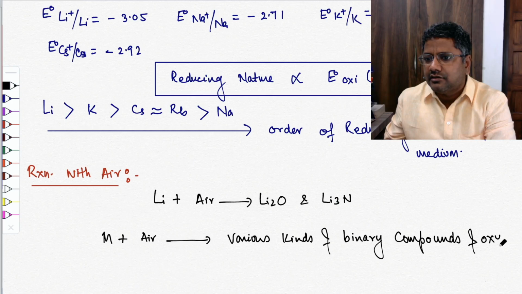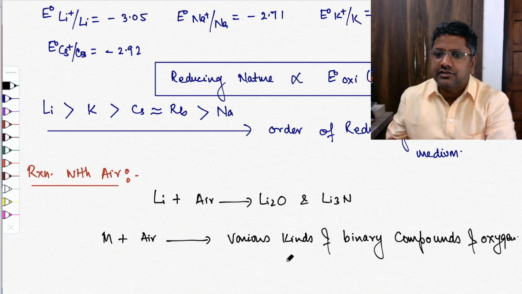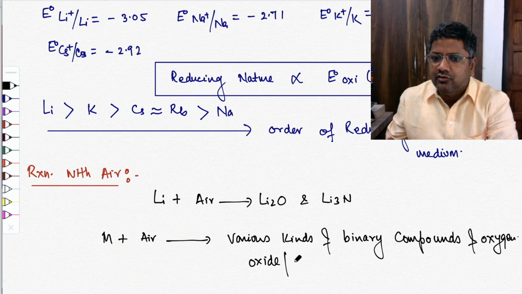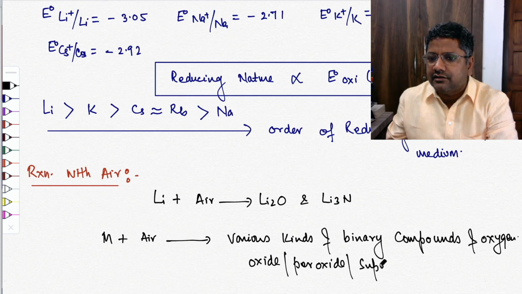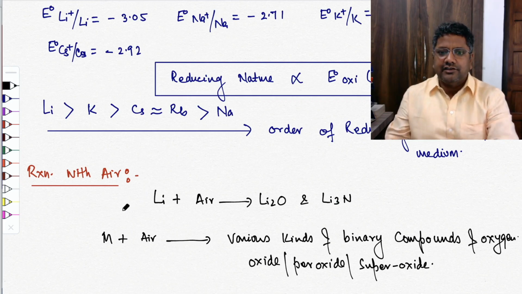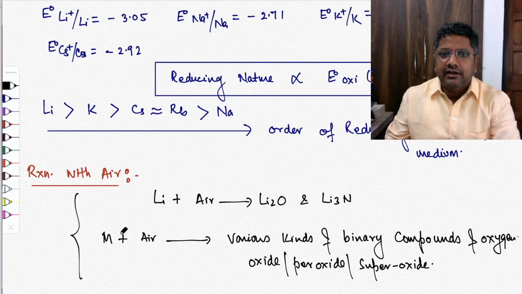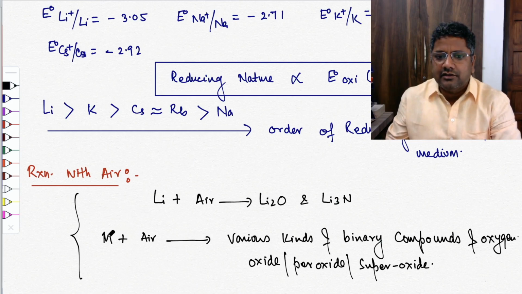For example, you may get oxide, you may get peroxide, and you may get superoxide as well. I will discuss it in detail when I talk about the reaction with oxygen.